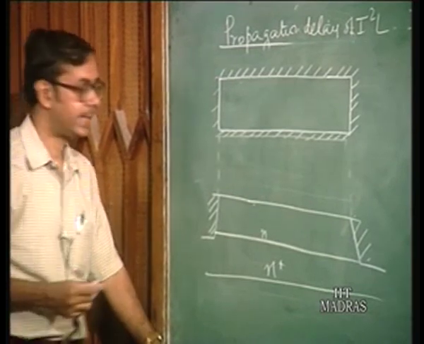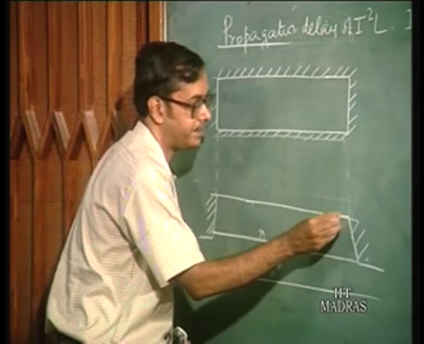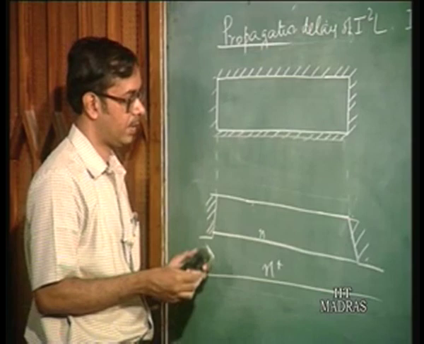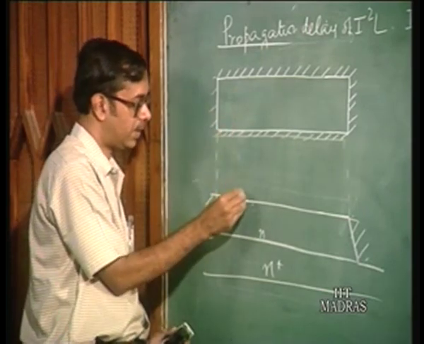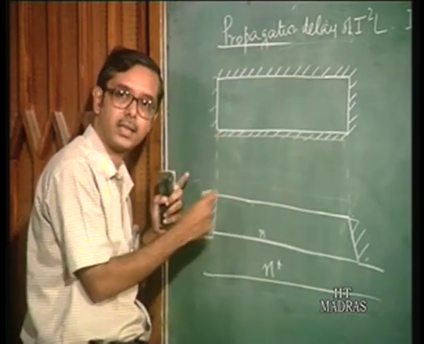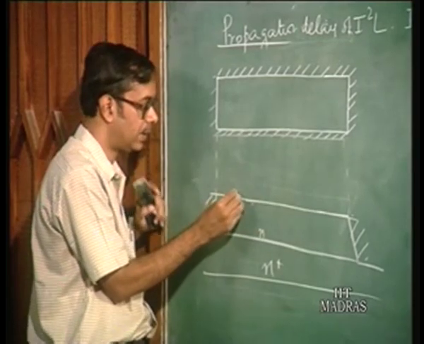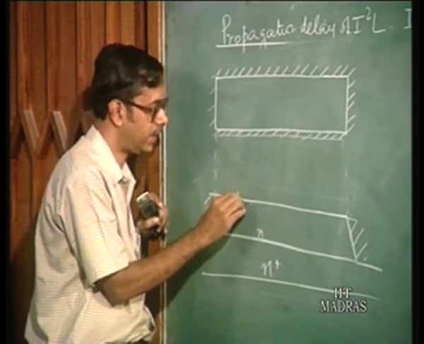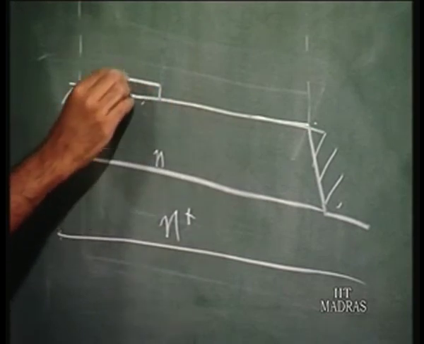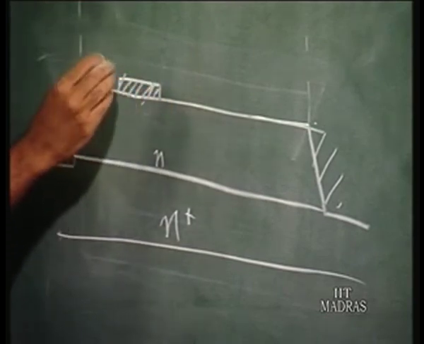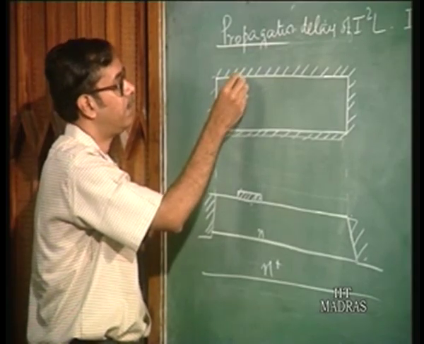All right. The next step is you grow silicon dioxide on top, and then etch out, leaving a certain region here, which is going to separate the p plus p diffusion.